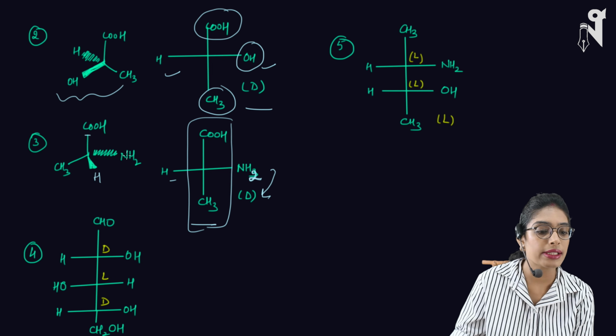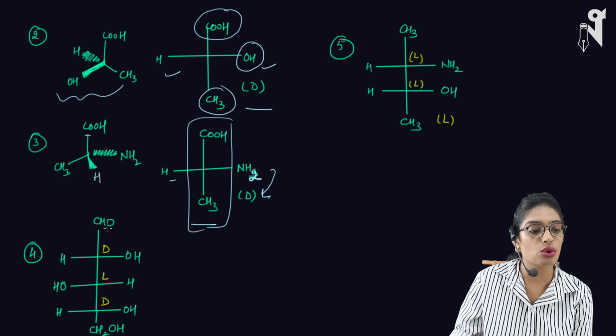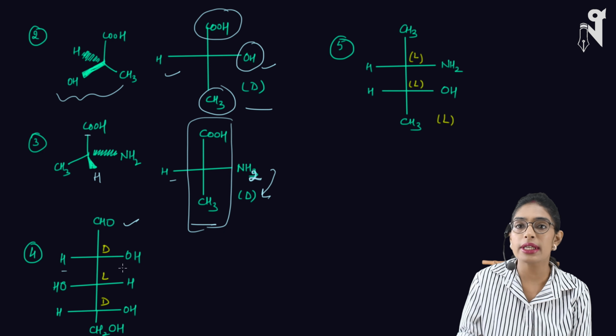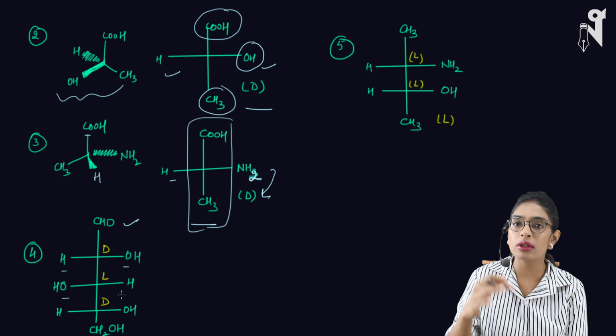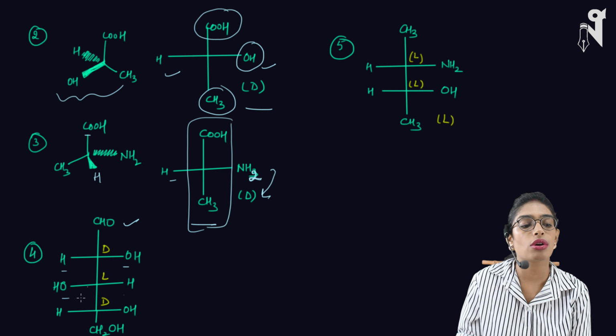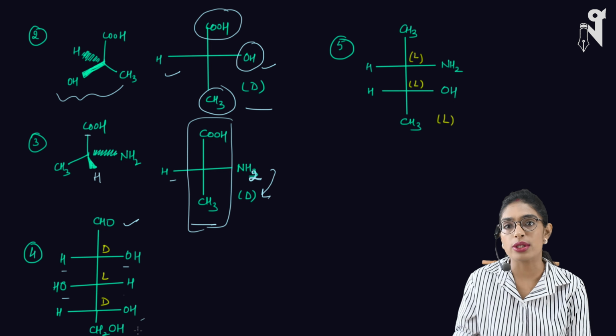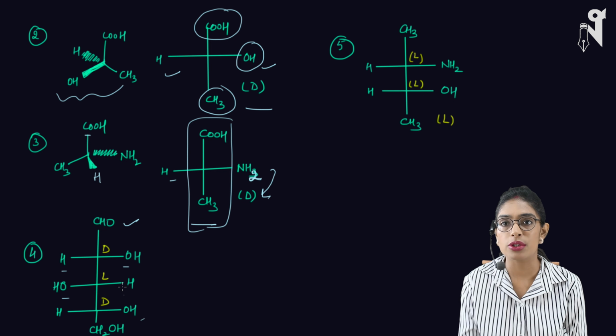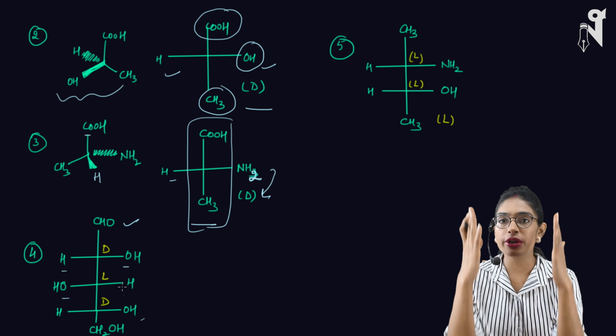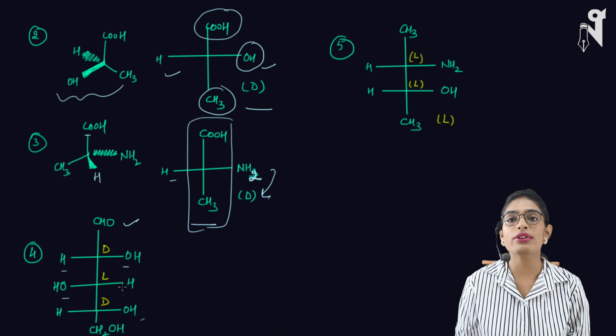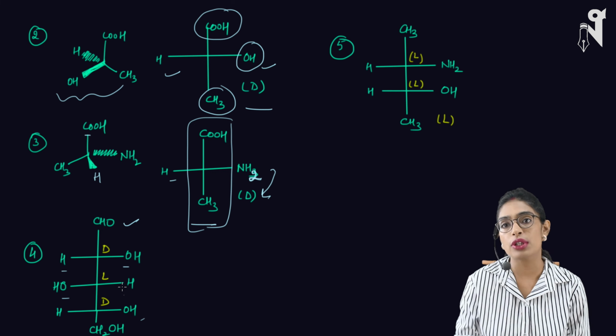So if you look at the next example, I have CHO, then hydrogen and OH on the second carbon, OH and hydrogen on the third carbon, hydrogen and OH on the fourth carbon, and CH2OH. The Fisher projection is already in the perfect structure. Now we just have to find D and L individually for these carbons.